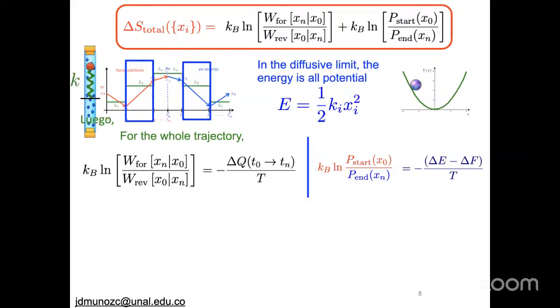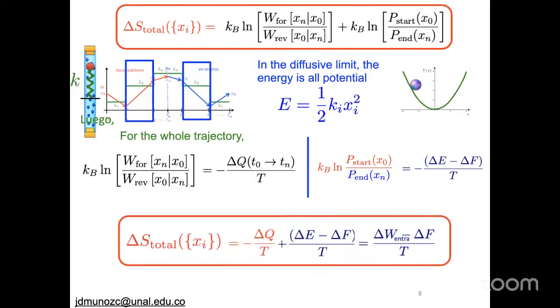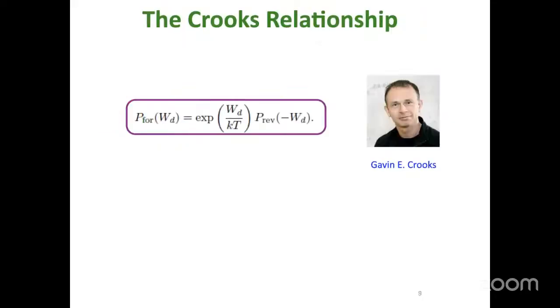If you have a Boltzmann distribution, then the total entropy increment is just that: the work performed on the system minus the difference of free energies between the initial and final ensembles, divided by temperature. So we can use that result to derive the Crooks relationship.